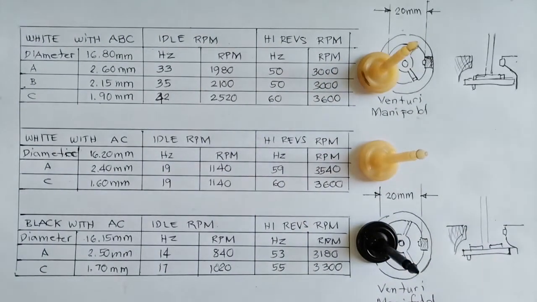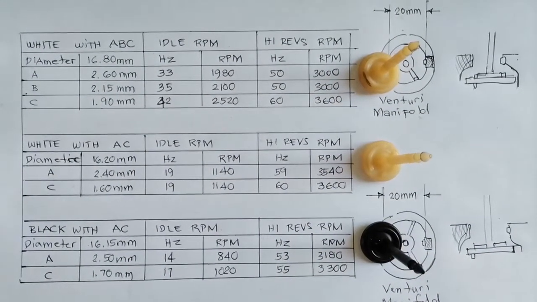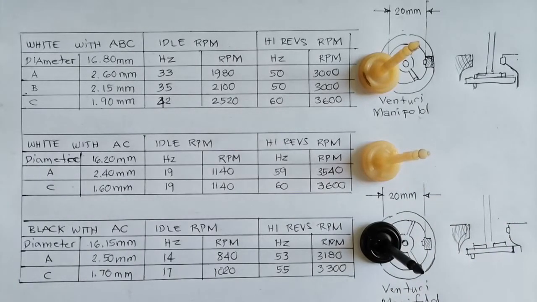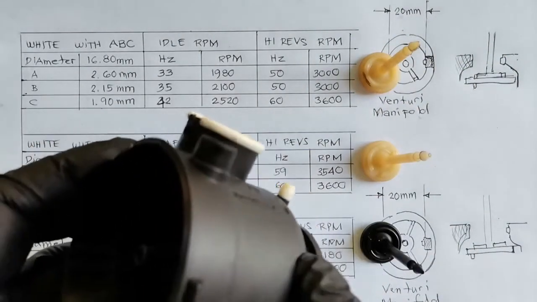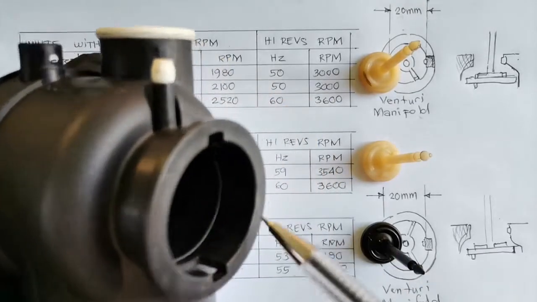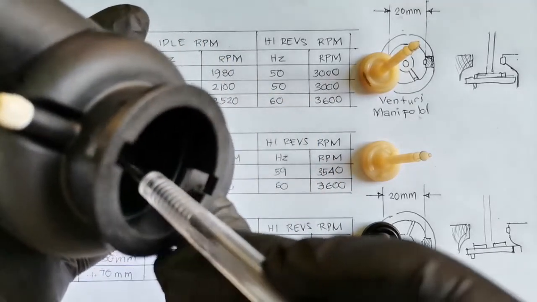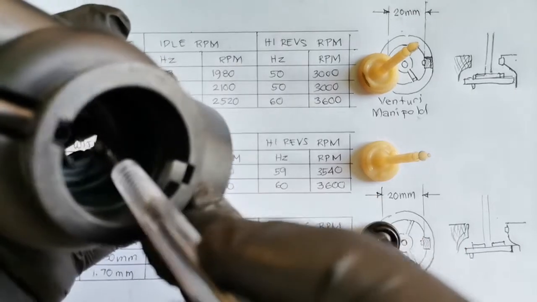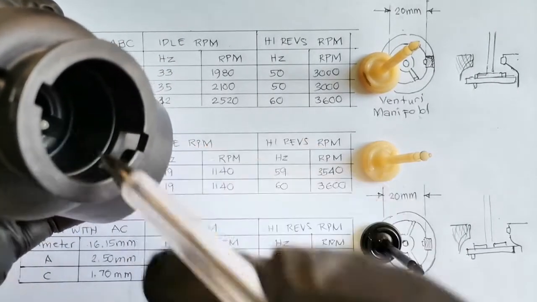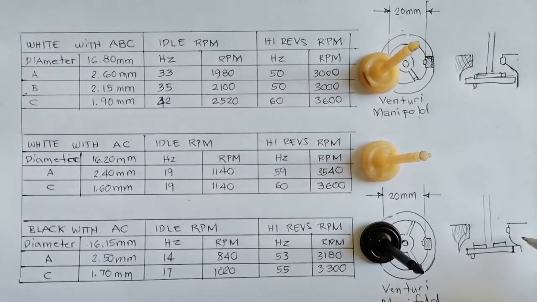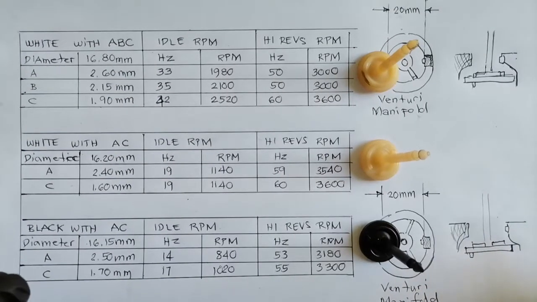The good thing is now you know that there's a difference, and we thought that there's no difference between these two different types of G4 carburetors. So next time when you come across this carburetor, look at the jet or the Venturi, and if it looks like this, then that's for the black.